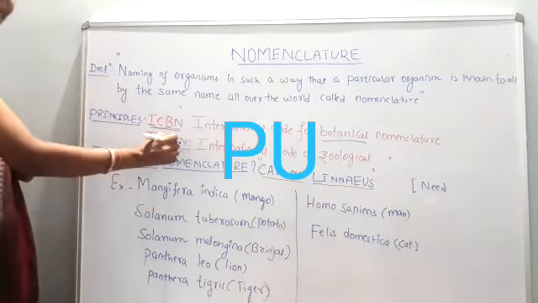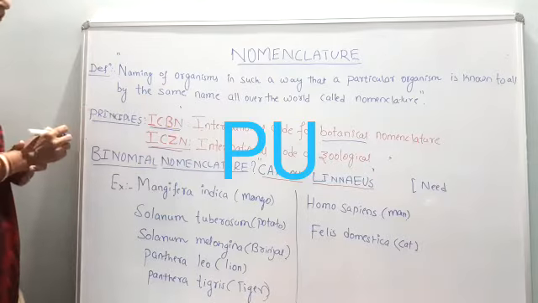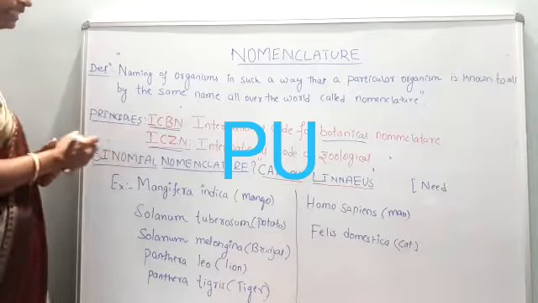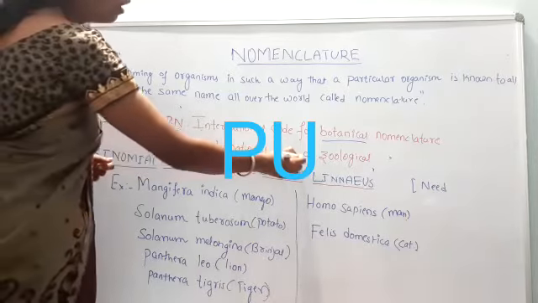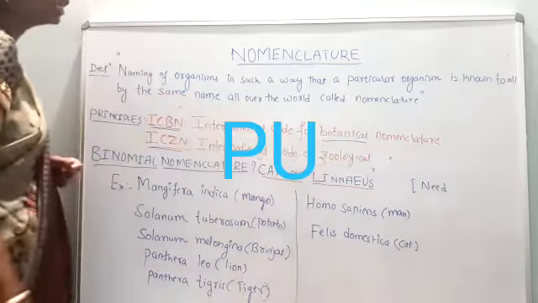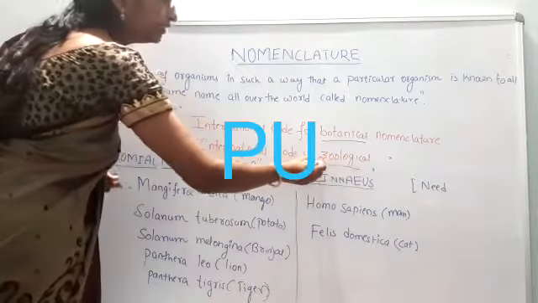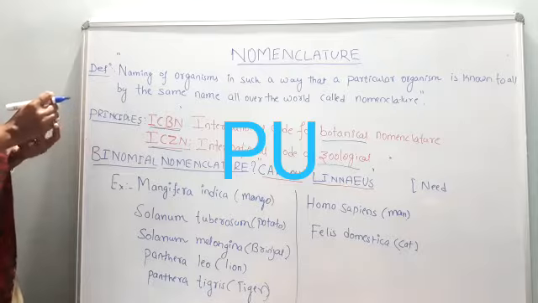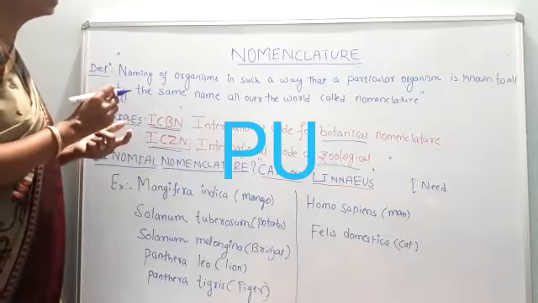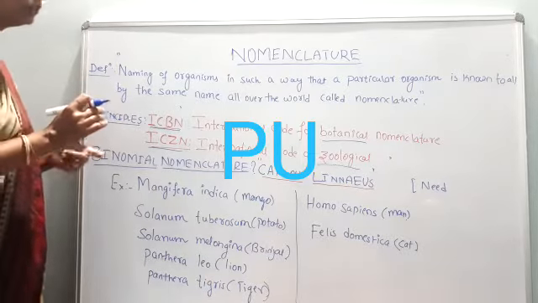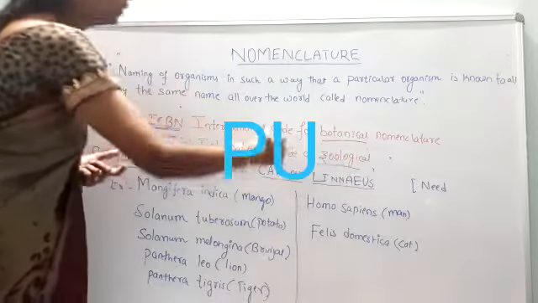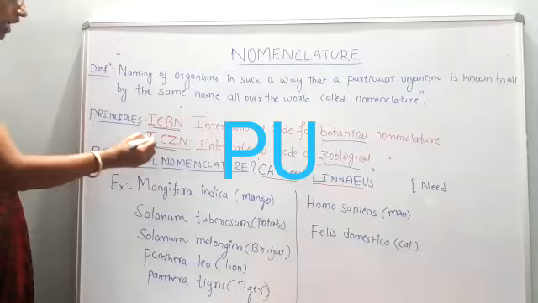Similarly, what is ICZN? The expanded form of ICZN is the International Code of Zoological Nomenclature. Zoological refers to animals. The animals that scientists discover should be named, and that is zoological nomenclature.